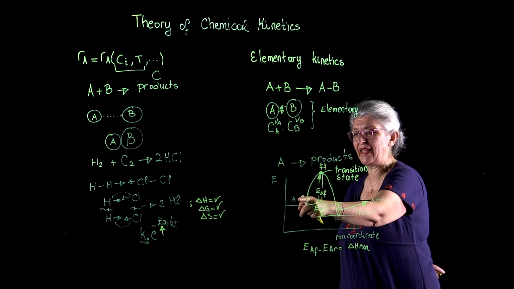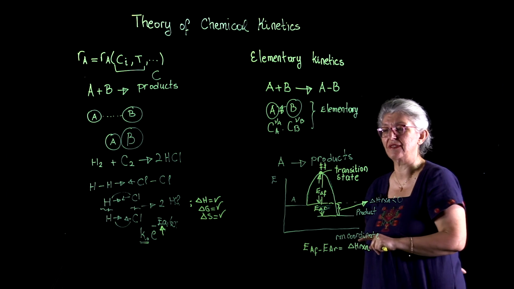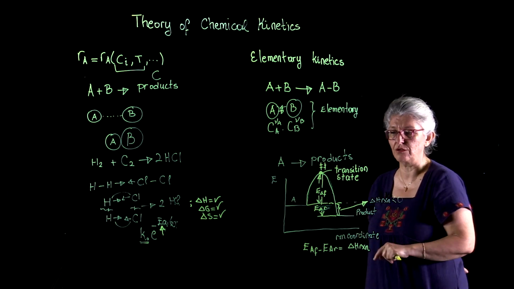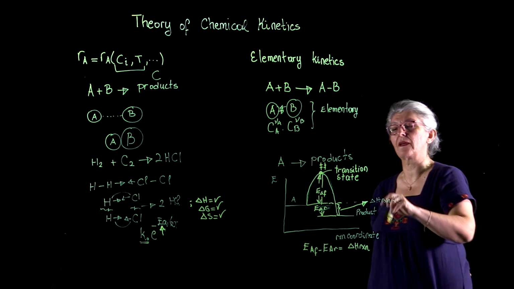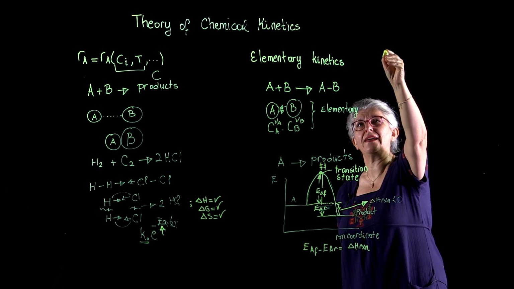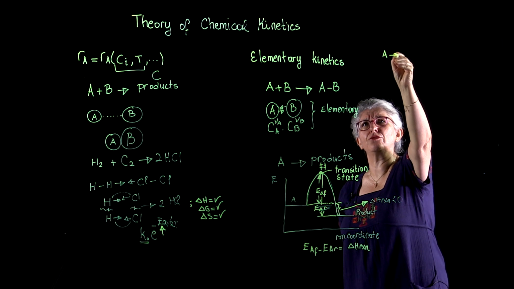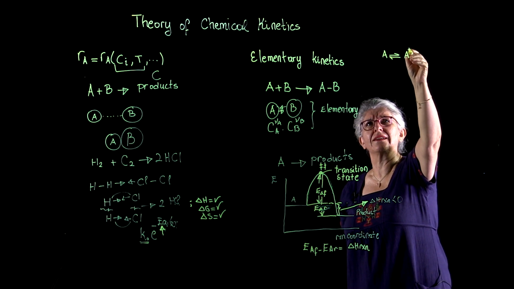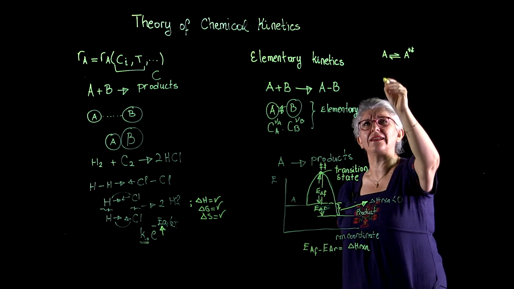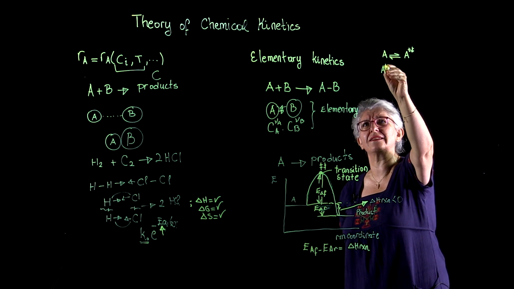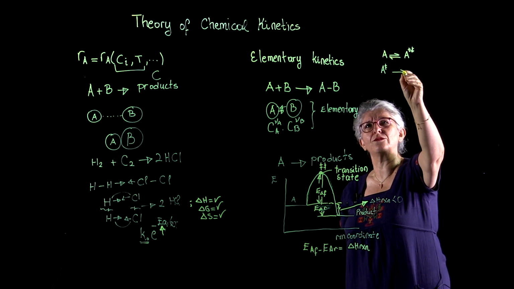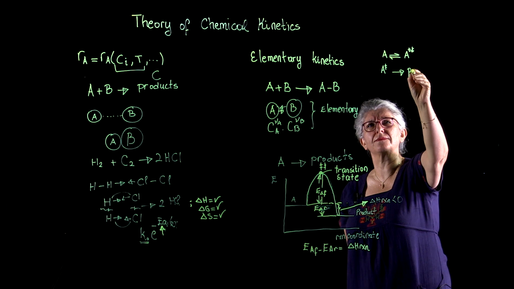One where A is equilibrated with its transition state. The second one is that the transition state rolls over to the product. So we have A going to its transition state, and this A at its transition state, I will use single dagger for simplicity, is rolling over to the products.